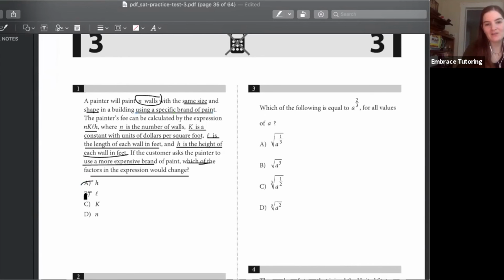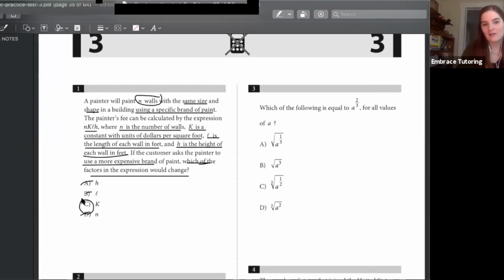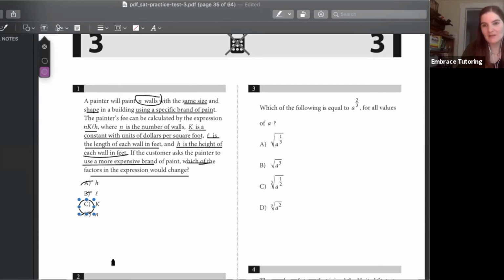I mean, we don't even have to actually solve anything here. We can just look at this question and break it down by its component parts and figure out that K is the best answer choice because that's what's going to change. The number of walls won't change in terms of our solving, and neither will the height of each wall or the length of each wall in feet.